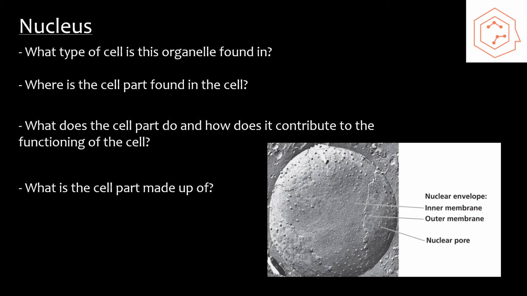The nucleus consists of a double membrane nuclear envelope. I'll write that here, nuclear envelope, and that will enclose the nucleus. You have these nuclear pores, like we see over here, which regulate the entry and exit of molecules from the nucleus.